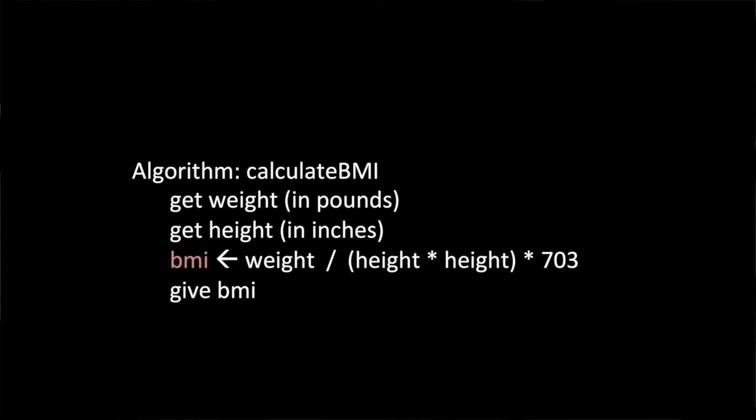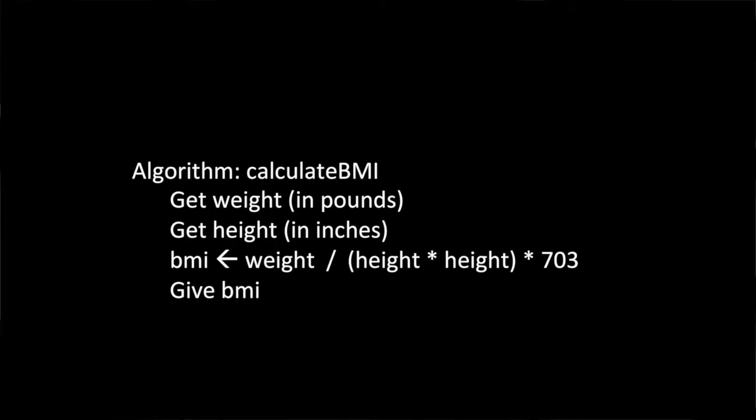So we do the calculation, and then the assignment operator basically stores the value that we calculate in a location whose name is BMI. In other words, BMI is a variable that's going to hold the value of that calculation.